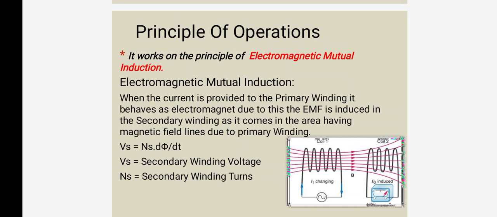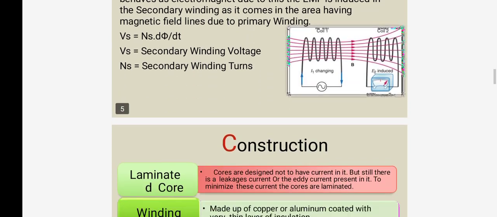You can see from the diagram, coil 1 and coil 2, the transformer action. Vs equals Ns into d phi by dt, where Vs is the secondary winding voltage, Ns is the number of turns present in the secondary winding, and phi is the flux linkage or magnetic linkage.